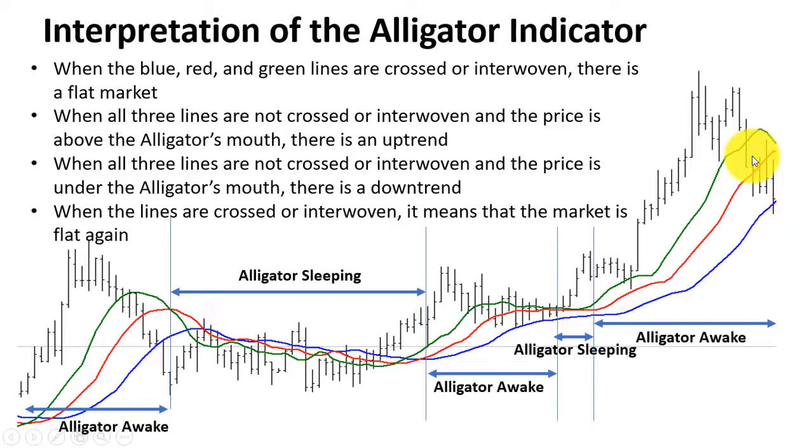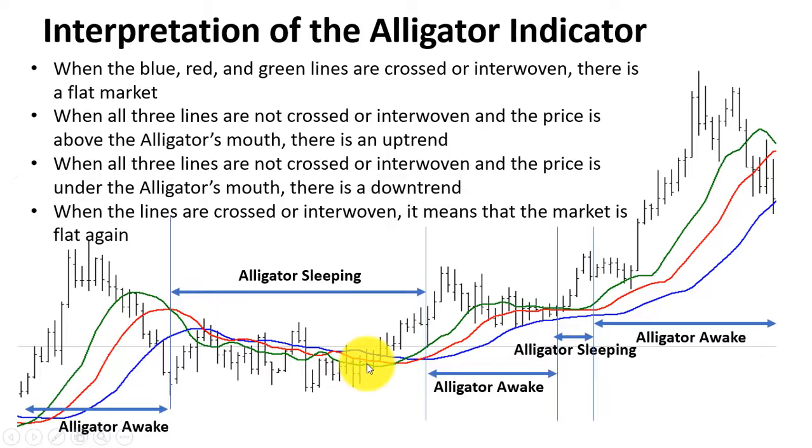So now we have to interpret this indicator. We have the three lines: the blue, the red, and the green line. When the three lines cross each other, are interwoven together, we say we are in a flat market. If you look at where the markings start from here till here, they are crossing each other, so it's a flat market.